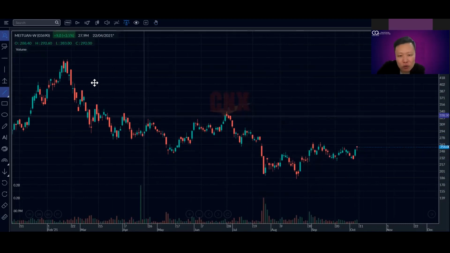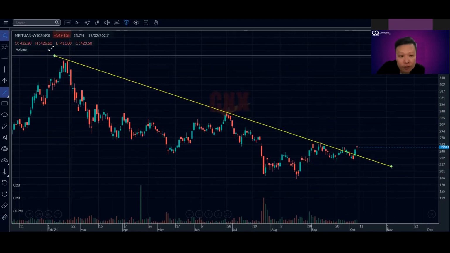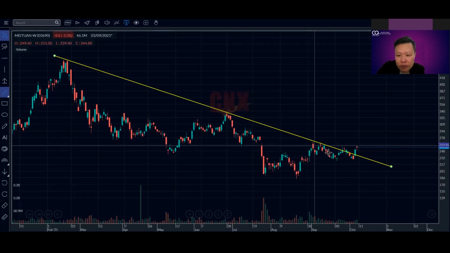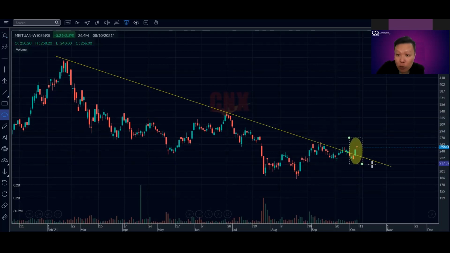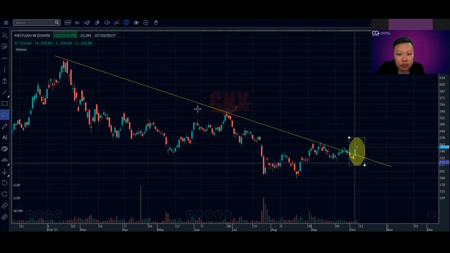However, if you know how to draw the trend line here, I would consider this a major trend line, from the peak, the previous high, compared with the recent high. We can see there are some good signs here, where the price actually closed above the trend line.